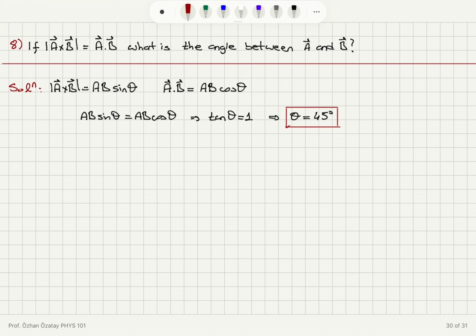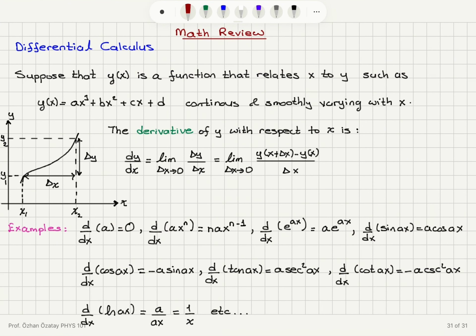Now, finally, I want to start a review of differential calculus. And we will continue with this in the next lecture, because we will need this in the rest of our discussion. Now, suppose that y of x is a function that relates x to y, so it is a continuous and smoothly varying function of x.